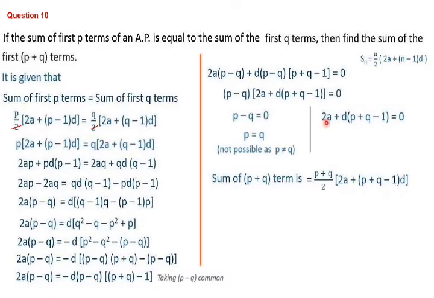Now see what is inside this bracket: 2a plus (p plus q minus 1) into d. That is equal to 0, which means this entire quantity is 0. So that is (p plus q) by 2 into 0, and any number into 0 is equal to 0. So the sum of first p plus q terms is 0.